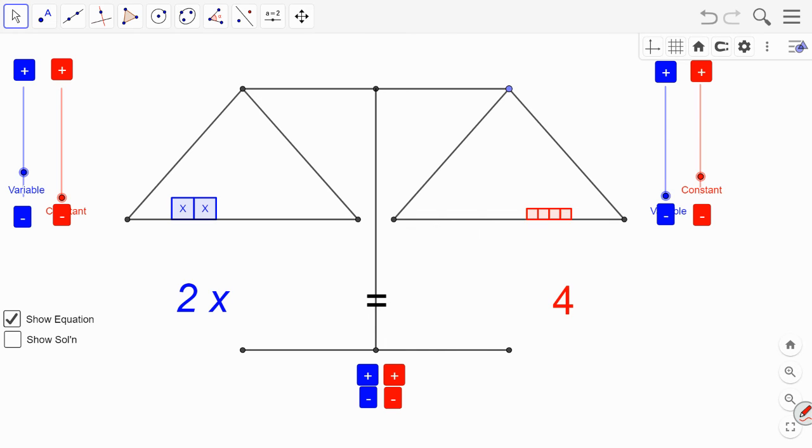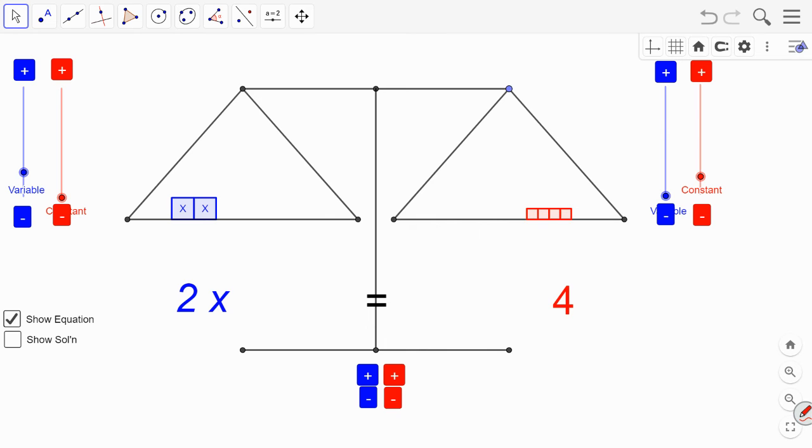Obviously, you can never divide by 0 and get a real answer. Things get a little bit trickier when we start taking square roots, but we don't need to worry about that. For us, all you're ever going to be doing is multiplying, dividing, adding, or subtracting. And if you multiply or divide or add or subtract, you can do that to both sides of the scale.